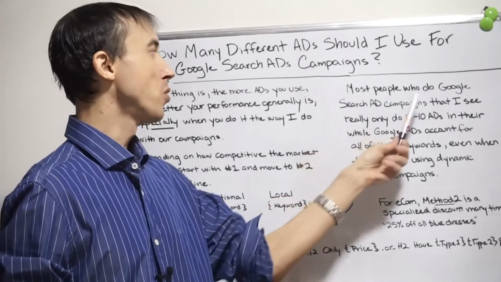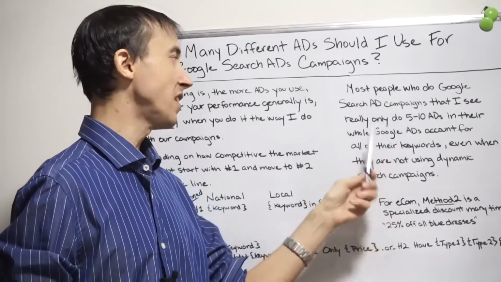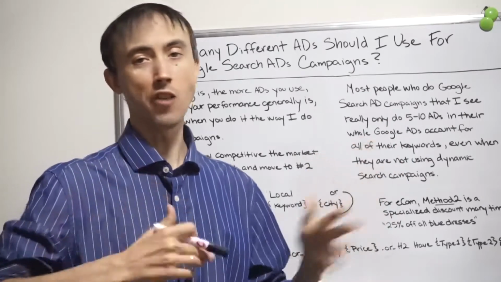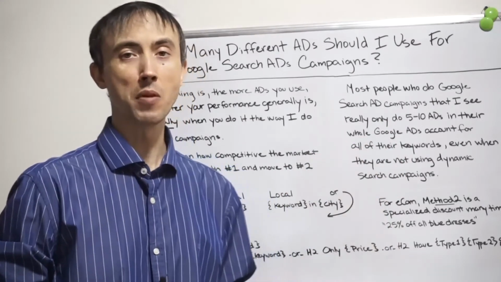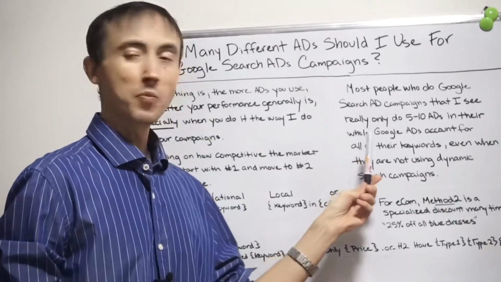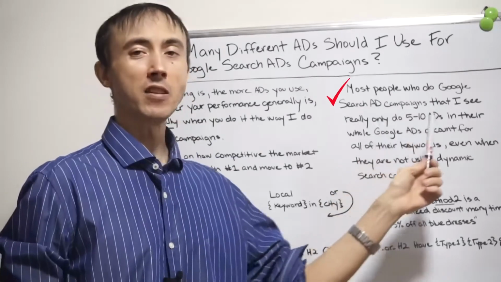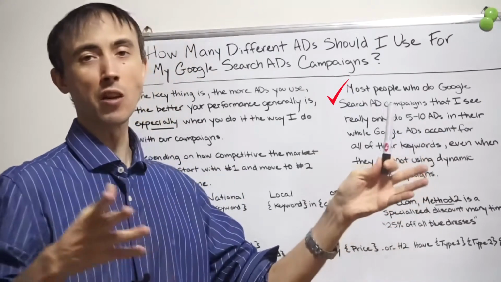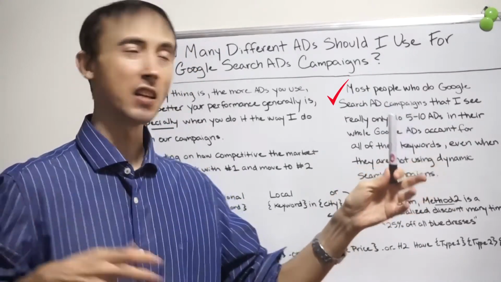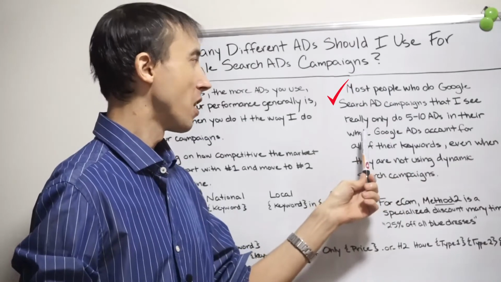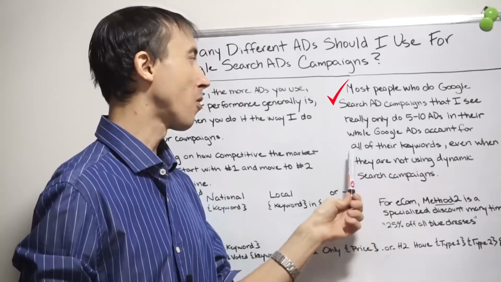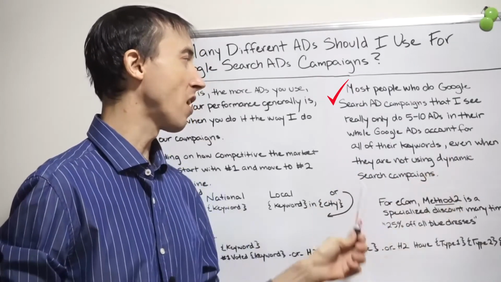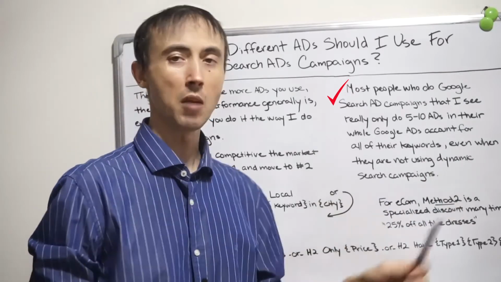That said, most people who do Google search campaigns that I see, and I've audited hundreds and hundreds of Google search campaigns now, most people on average are doing like 5 to 10 ads for all the keywords that they're trying to advertise on, which are generally everything in their space that they could think of in their whole Google Ads account for all of the keywords they have, even when they are not using dynamic search campaigns.